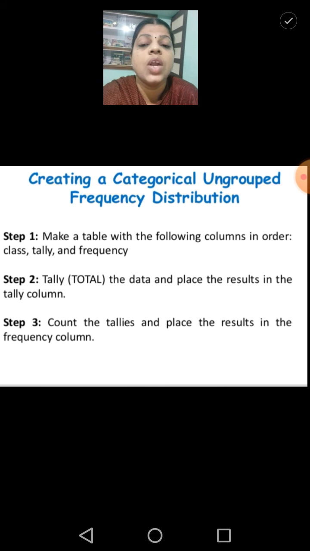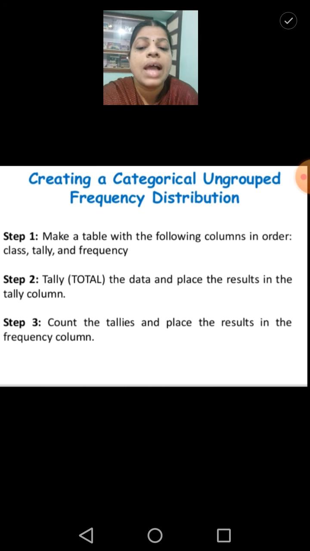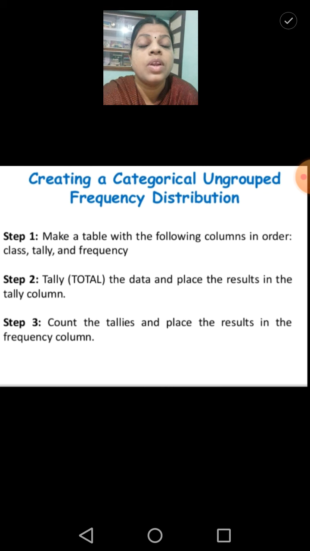In the 3-column table, we have to give the column heads class, frequency and tally. Children, once again I will explain. We have to form a 3-column table, and as column heads we have to give class, frequency and tally.